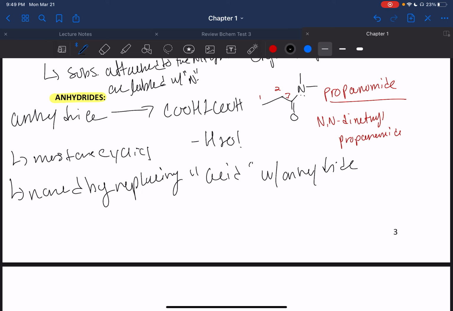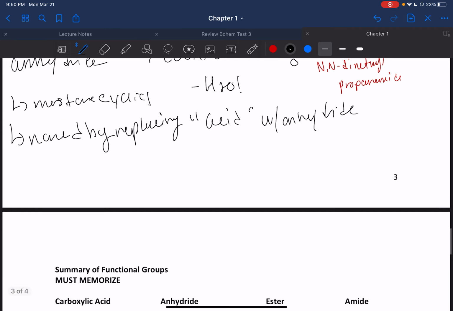If the anhydride is not symmetrical, both carboxylic acids are named with anhydride added. So you would say the full acid name, and then you would add anhydride after.